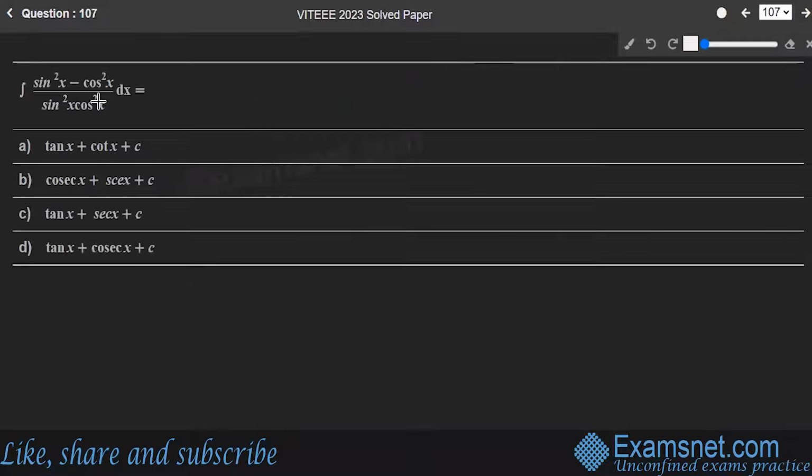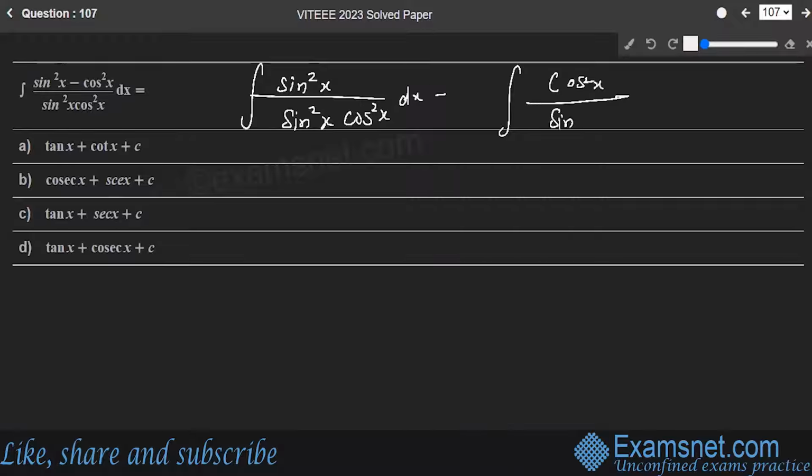Hope you understood this. Next is 107 question. Integral of sine square x minus cos square x divided by sine square x into cos square x dx is equal to. Okay, I'll split it up first. This can be written as integral of sine square x upon sine square x cos square x dx minus integral of cos square x upon sine square x cos square x dx, that is equal to integral of 1 upon cos square.